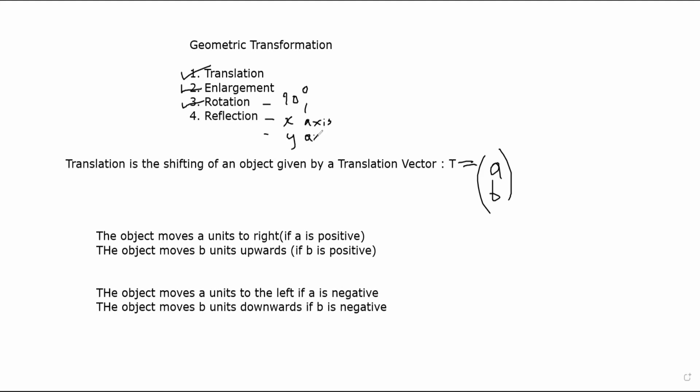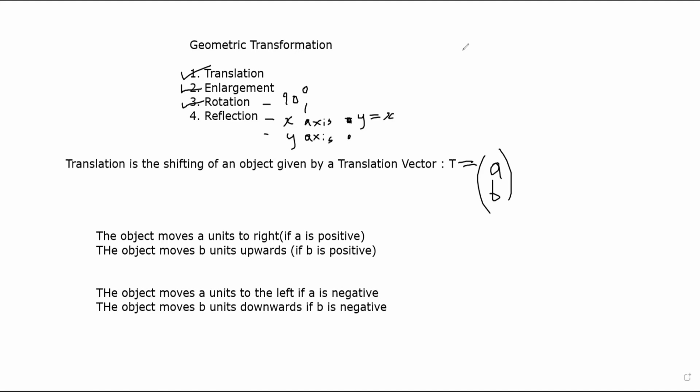Then they probably ask you to reflect in the line y equals x, or maybe they ask you to reflect in the line y equals -x. This is also a possibility. Or maybe they ask you to reflect it about a point. Now, in order to understand reflection, you're going to understand it when we do a lot more examples. So with that being said, let us start the example worksheet.